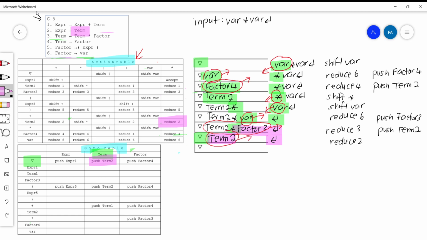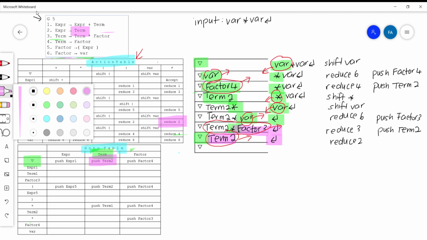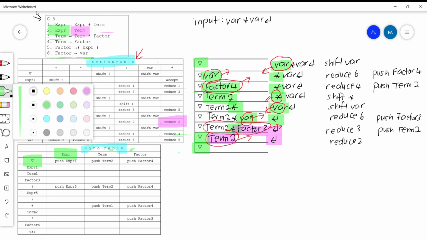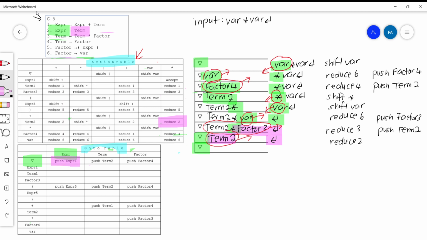So the symbol on top of our stack now is bottom marker. And then at our goto table, we need to read bottom marker that meets with expression, since expression is the symbol on the left side of rule 2. So bottom marker that meets with expression, the cell reads push expression 1. So let's write push expression 1 here and push it on top of our stack.